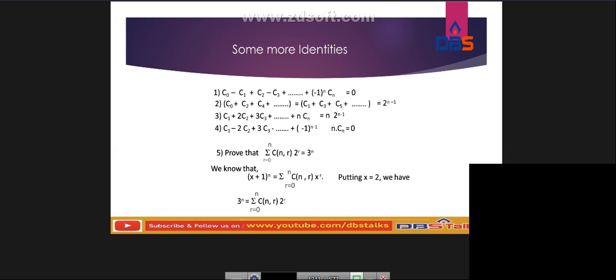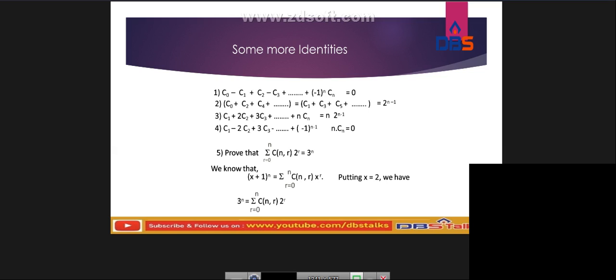Next, C1 plus 2C2 plus 3C3 plus and so on plus nCn equals n·2^(n-1). Next, C1 minus 2C2 plus 3C3 minus and so on plus (-1)^(n-1) nCn equals 0.